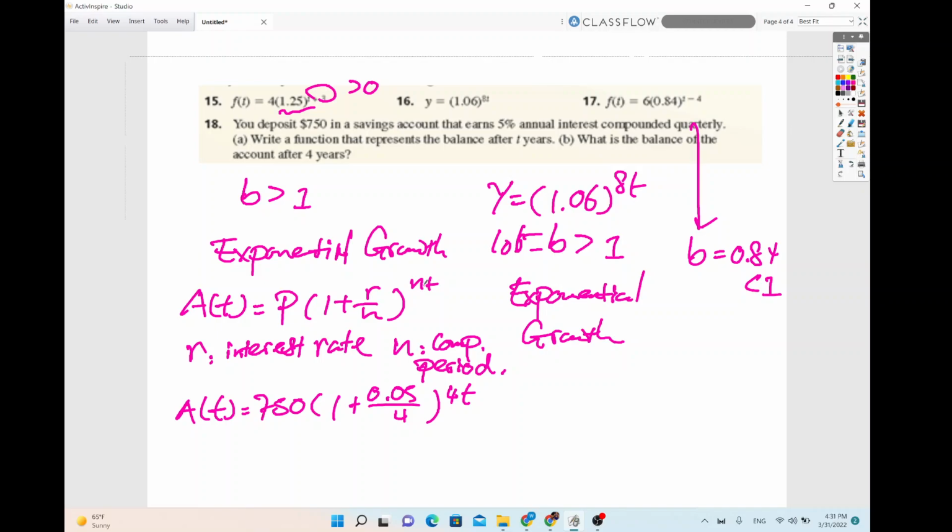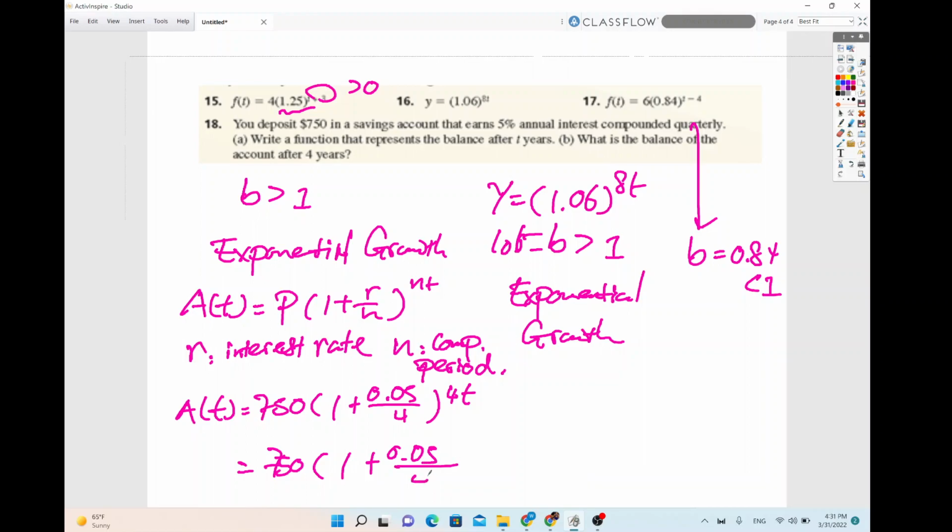So after we wrote the function here, what is the balance of the amount after 4 years? Basically, after 4 years, we just need to plug in a number. So 750 times the quantity 1 plus 0.05 over 4 to the power of, after 4 years, so 4 times 4.